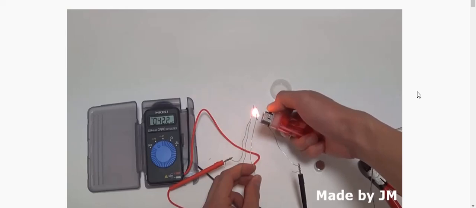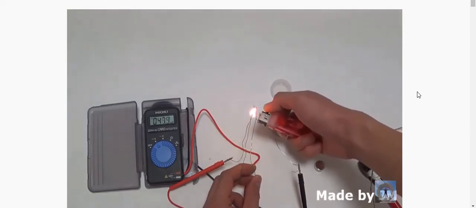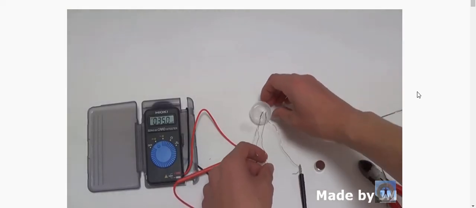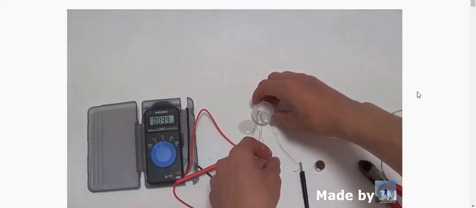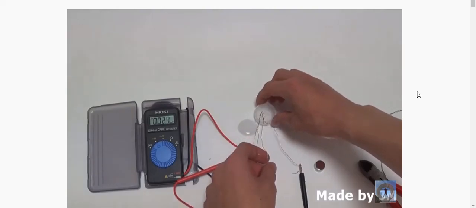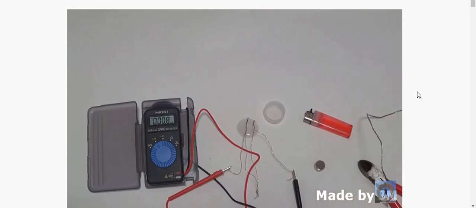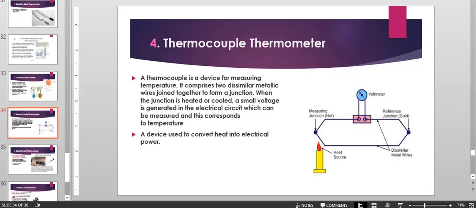Now you can see that due to the two junctions, the voltage will be greater. I hope that now you have completely understood the working of this thermocouple thermometer.